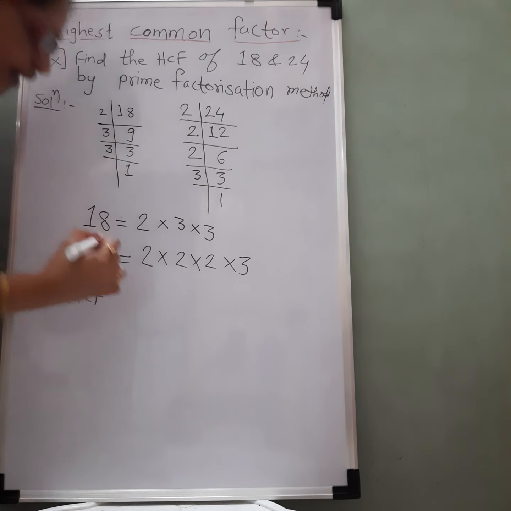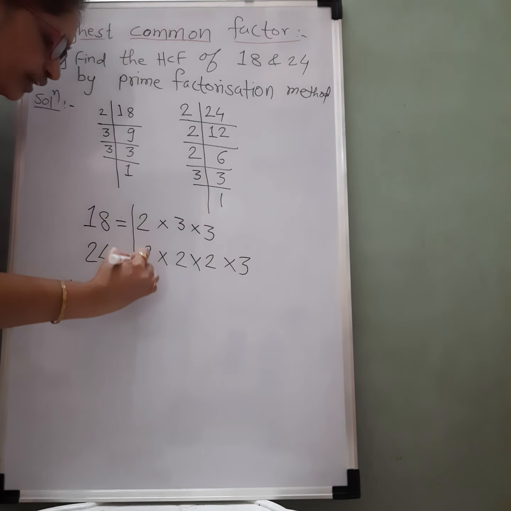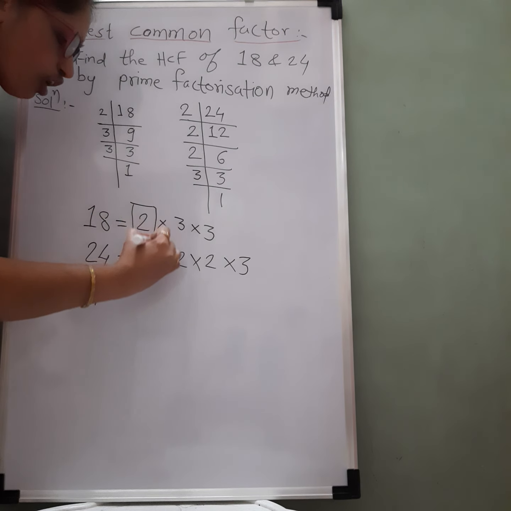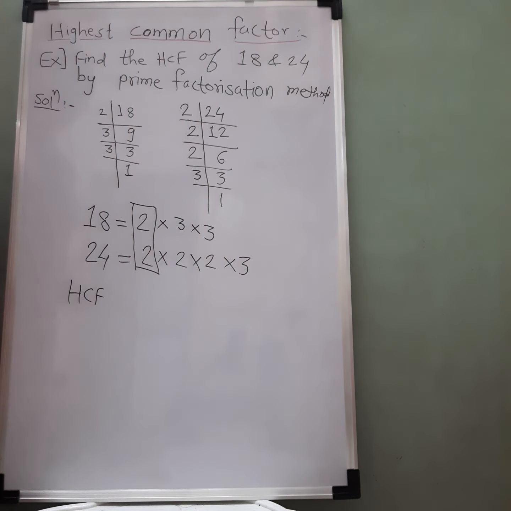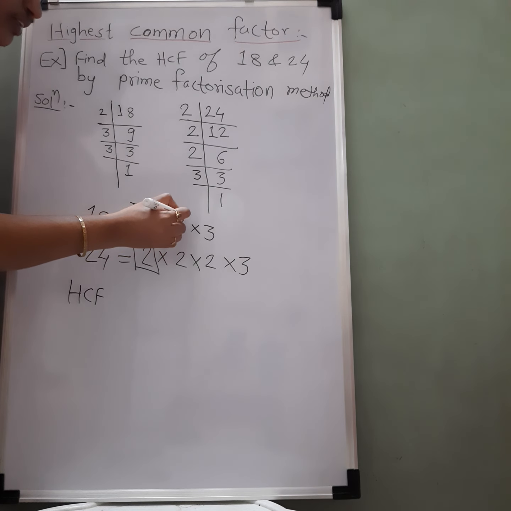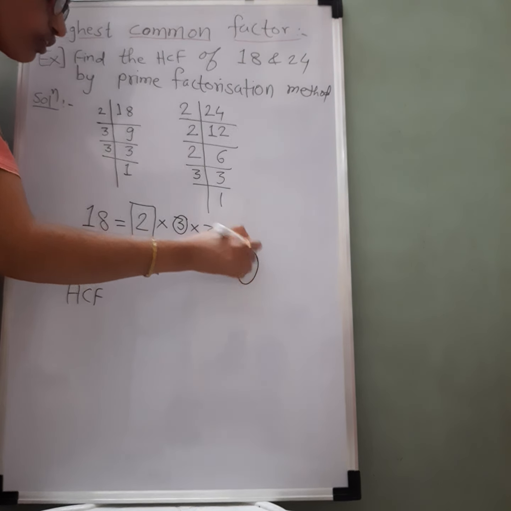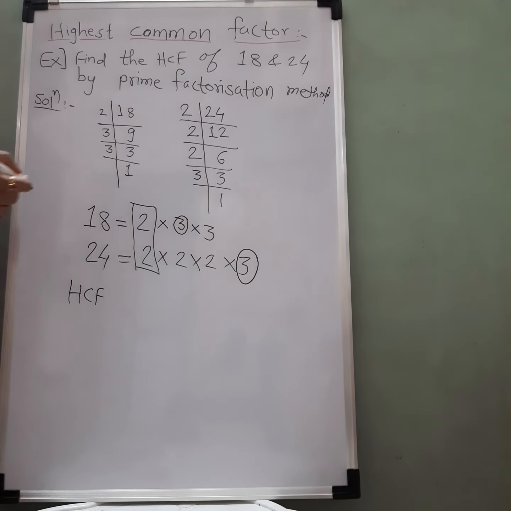Now look at the prime factorizations. Here 2 occurs in 18 as well as in 24, so 2 is a common factor of both 18 and 24. And 3 occurs in 18 and 3 occurs in 24, so 3 is a common factor of 18 and 24.